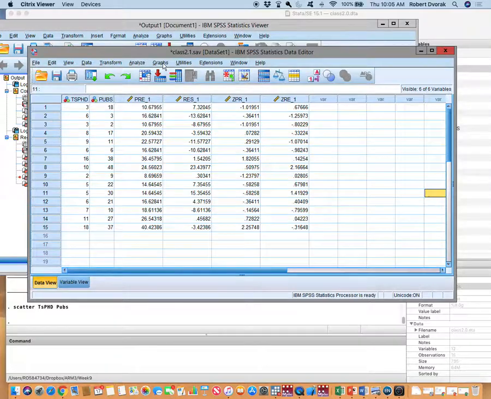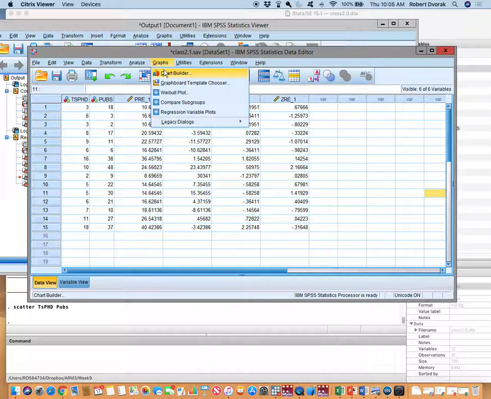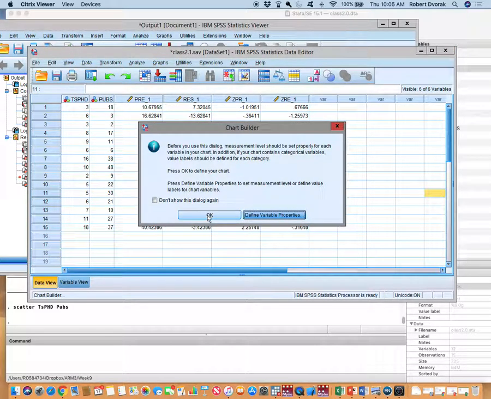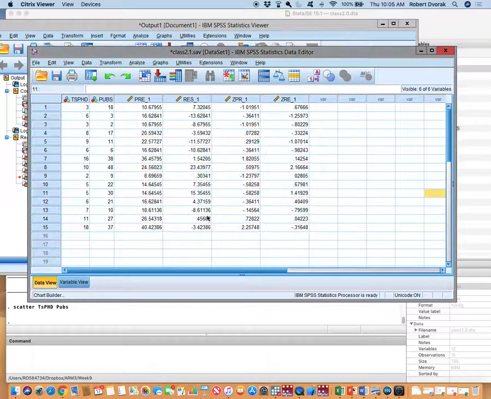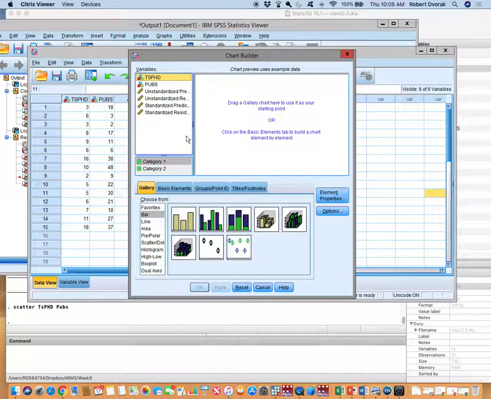Let's go graphs. I don't even know. Okay, yeah. Is this a scatter plot? Scatter. Perfect.